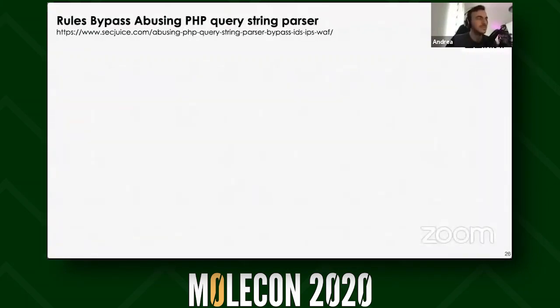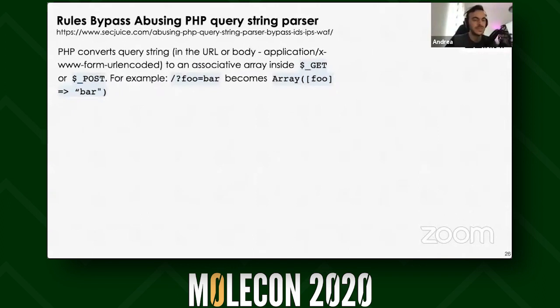Okay, this is an interesting one, a rule bypass by abusing the PHP query string parser. As you might know, PHP converts the query string in the URL or inside the body, for example when you send an HTTP request with content type application/x-www-form-urlencoded, to an associative array inside, for example, the global variable $_GET or $_POST.